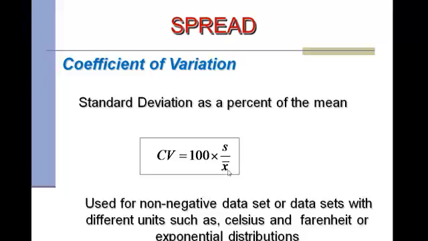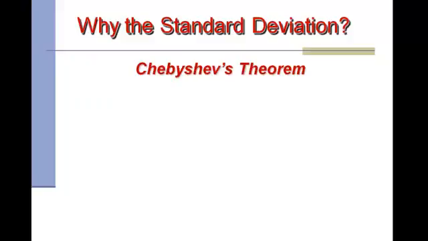X bar stands for the mean of the sample. The coefficient of variation is used for data sets that have different units like Celsius or Fahrenheit, or data sets that have exponential distributions. We're not going to be making use of the coefficient of variation in this class.